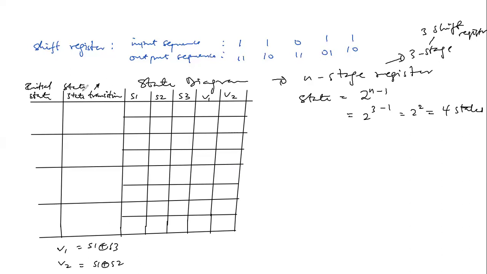Now, here we have been able to establish that we have 4 states. So if we say that the states are A, B, C, D, then these states have to be related because each state will be able to emit a 0 and 1. This state should be able to emit a 0 or 1, while this state should be able to emit a 0 or 1.